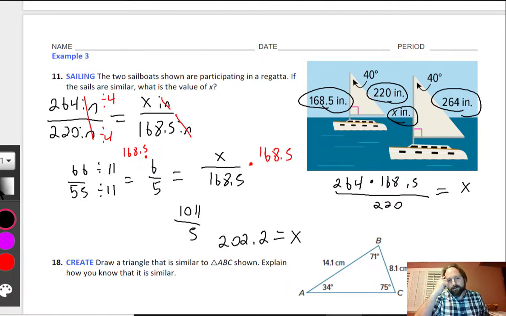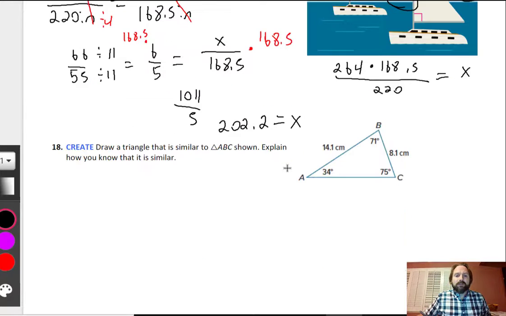All right, so let's go over the next two problems. For 18, you're going to create a triangle that is similar and explain how you know it's similar. You could be using the angle-angle postulate, side-side-side, or side-angle-side. Just make sure that you explain why.